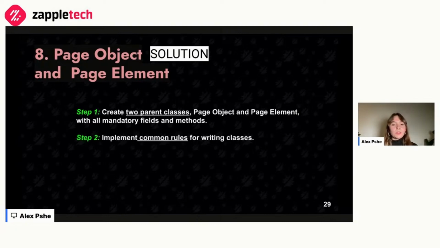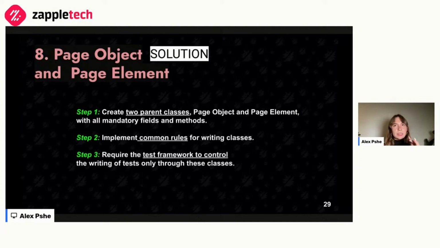After that, implement common rules for writing classes, the same as I said before, but for API. We should require the test framework to control the writing of our tests. So it means, based on design patterns or on the possibilities of our programming language, we should somehow say: if you want to create a new UI test, you should follow this and this. Otherwise, the code will not compile. Maybe it's strict, but it works in the best way.